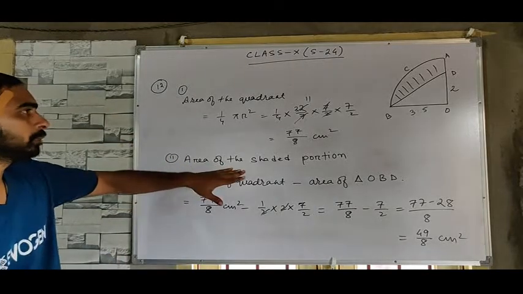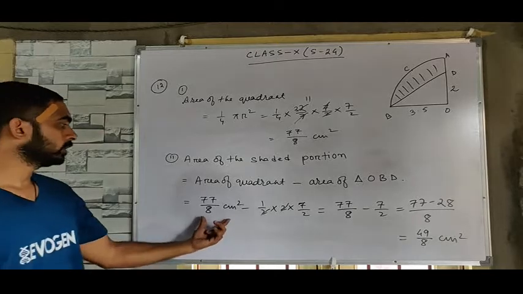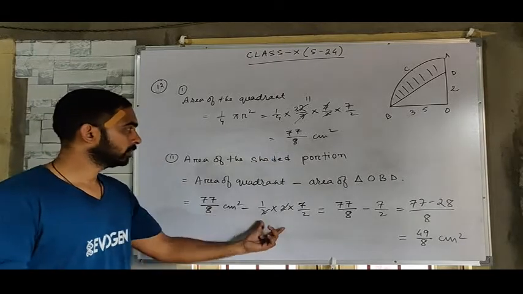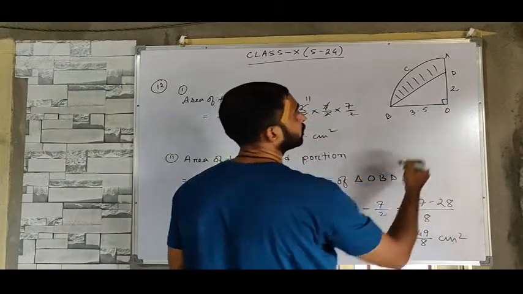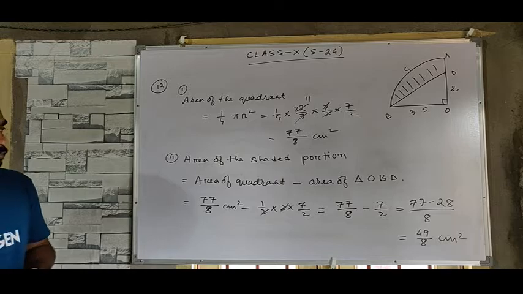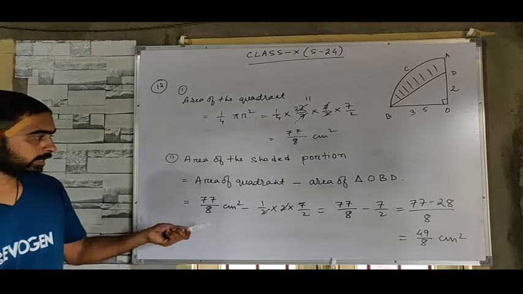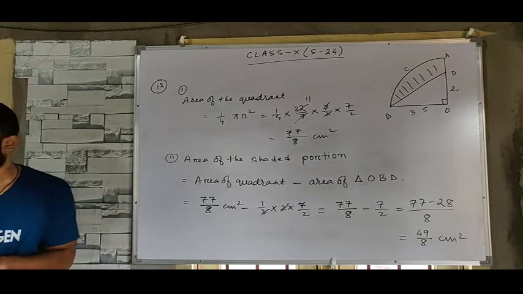Then area of the shaded portion equal to area of the quadrant minus area of triangle OBD. The quadrant you have already got. Then triangle half into base into height because it's a right angle triangle, and it's the quadrant, so the angle formed by these two sides is 90 degrees. So 77/8 minus 7/2 equal to 49/8 square centimeter.